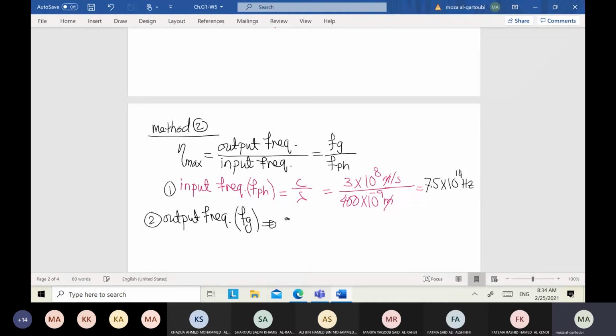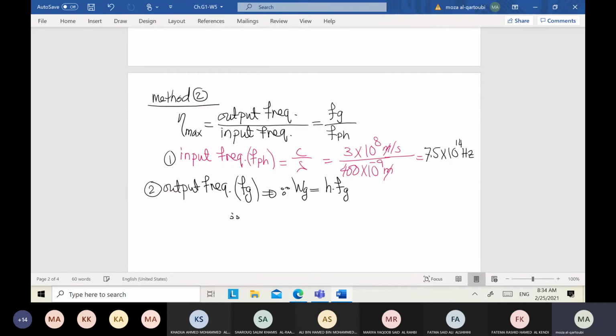Because WG equals H times F for the gap and H is constant, F of gap will be energy of gap over H. The energy of gap here is given in electron volts and should be changed to joules.